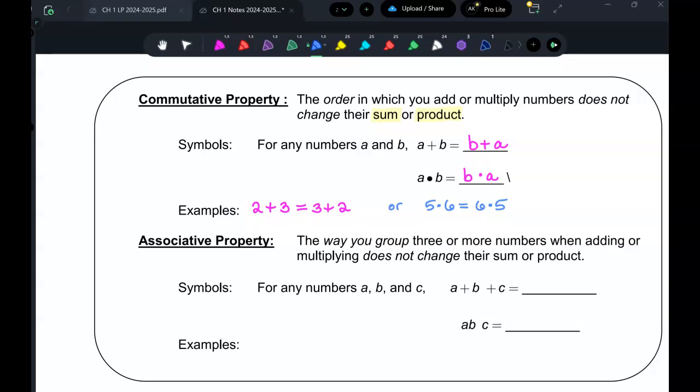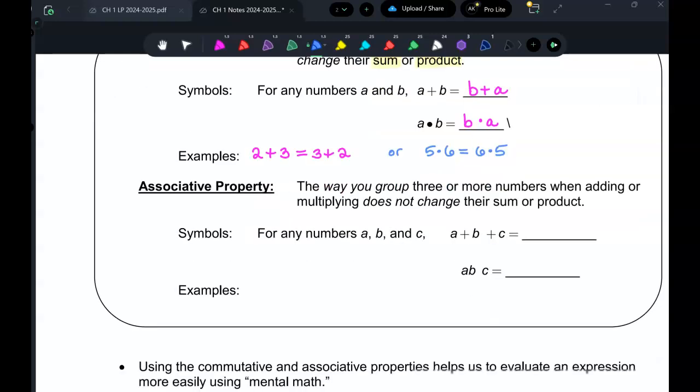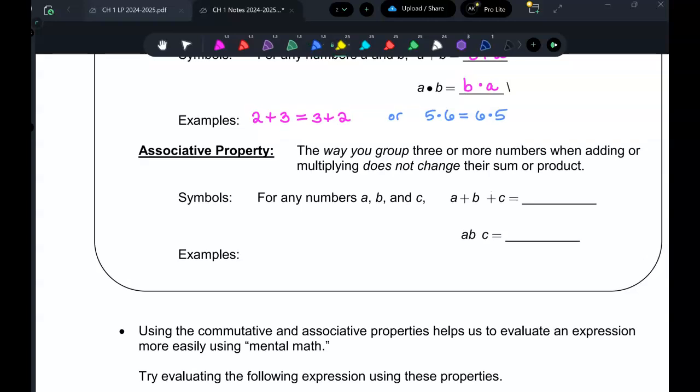Okay, associative is the way you group, and the order does not change. So here, do you have parentheses around A and B on your paper? Under the A plus B plus C, there's parentheses.